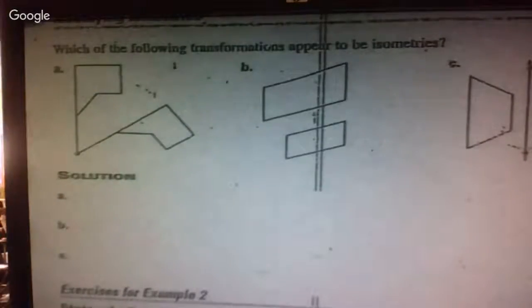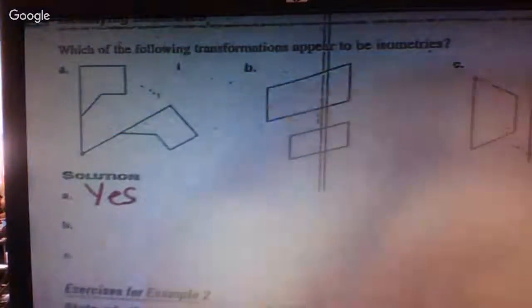Okay, so take a look at this. Which one of these are isometries and which ones are not? Remember, an isometry means same size and shape. So, is A an isometry? Yes. What transformation has happened? That's a rotation.